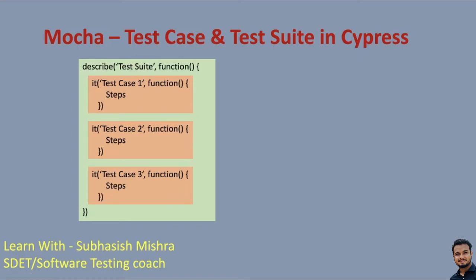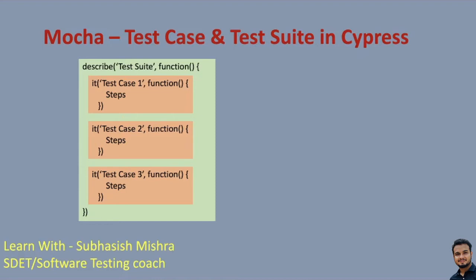The describe function is a collection of individual tests, or you can call it a test suite. It takes two parameters. The first one is a meaningful name you can give to your test suite, and the second is the function which contains one or multiple tests.